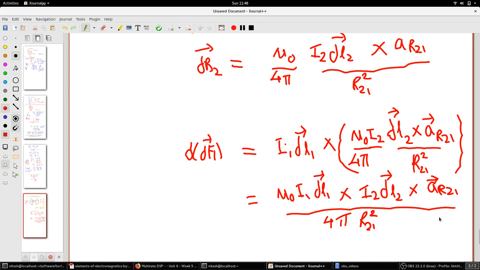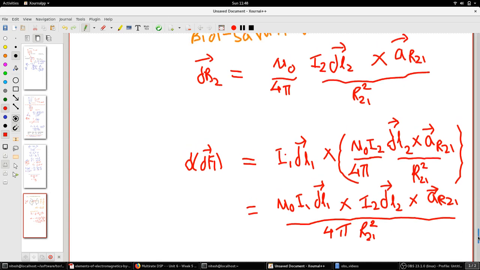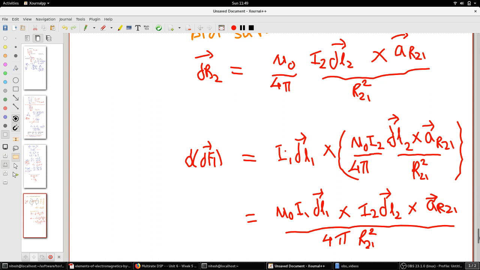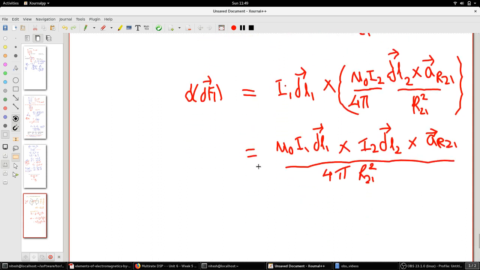Okay, so this direction is going to be in this way here. This is what I get as d of dF1.